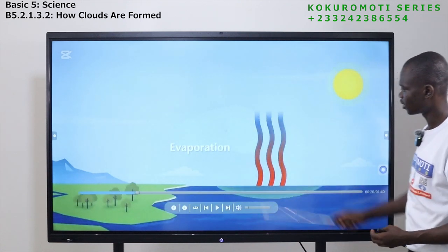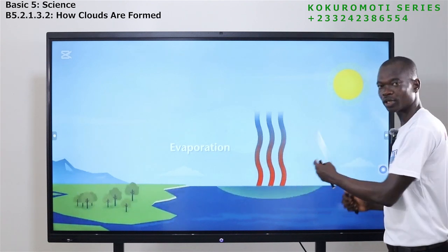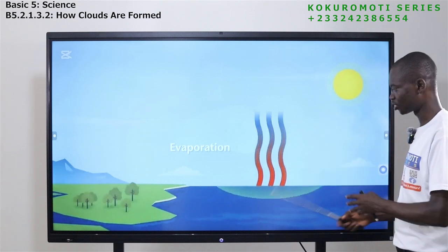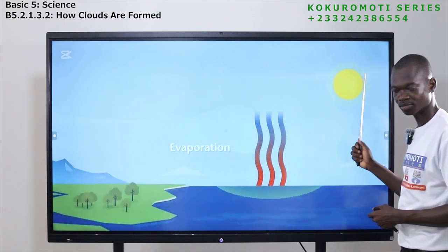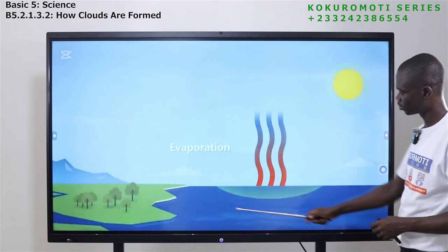And this is called evaporation. Evaporation is when water turns into water vapor. That process is called evaporation, and it turns into water vapor as a result of heat. Here the heat is coming from the sun.